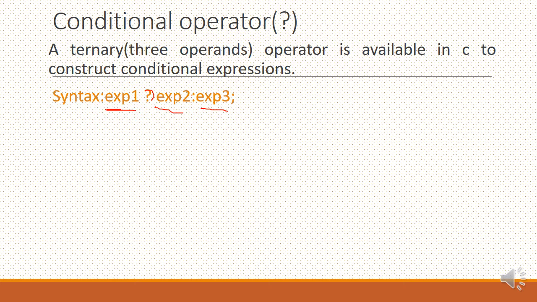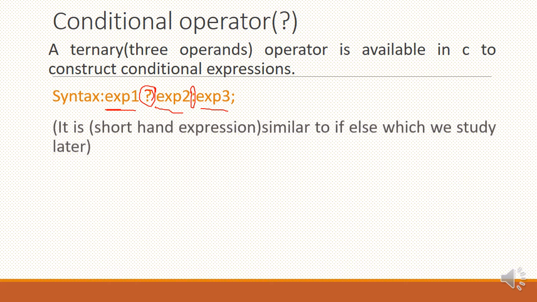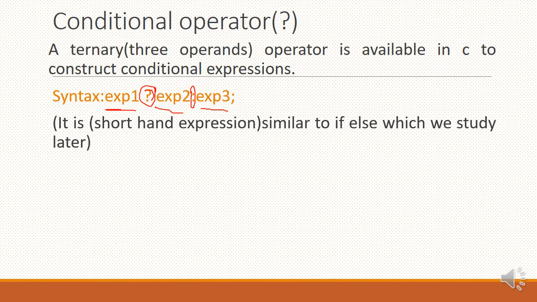This is called the ternary operator because it contains the three operands 1, 2 and 3. This question mark and this colon are called the conditional operators in the C language. So what is your syntax? Expression 1 question mark expression 2 colon expression 3. But it is very easy when I tell the example, then you are able to understand easily.